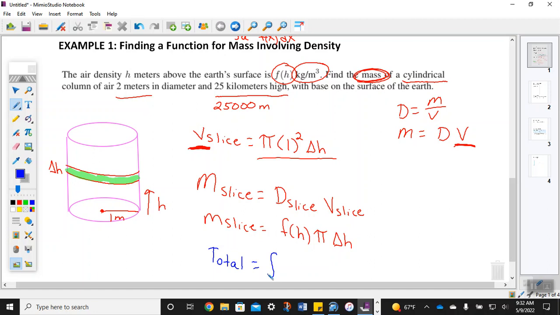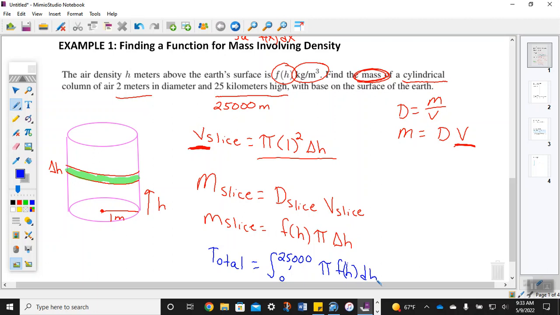We're going to go from ground level, which we considered 0, up to 25,000 times pi, and then the delta H would become what?